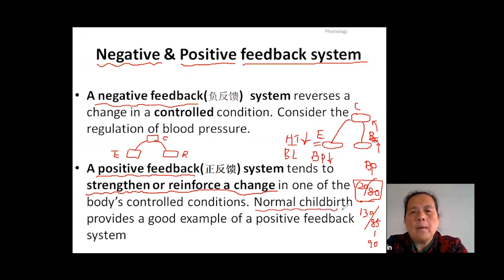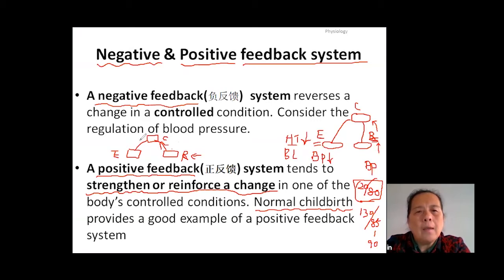Normally, in the baby delivery process, after it starts, the receptor in the uterus receives that information and sends it to the control center, the nervous system and also the endocrine system. That's our control center.